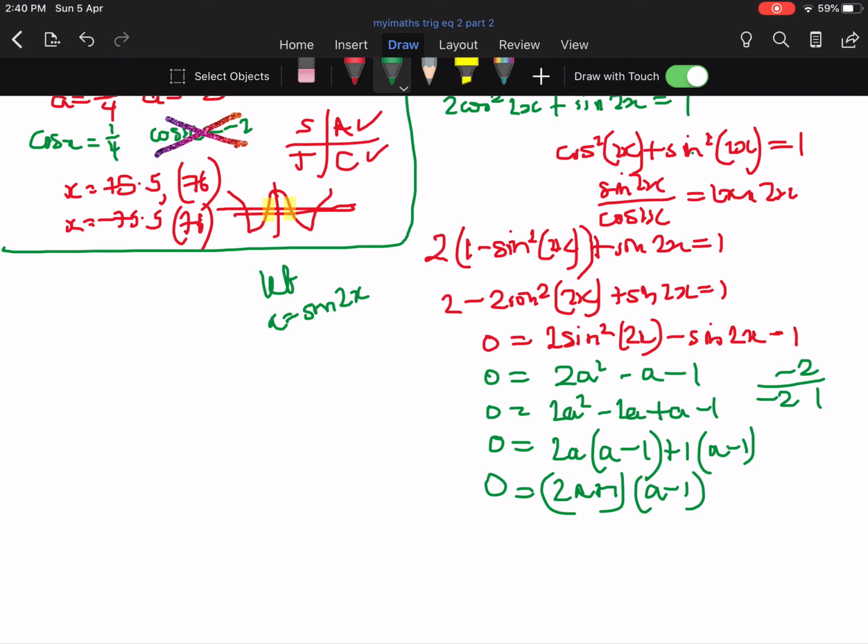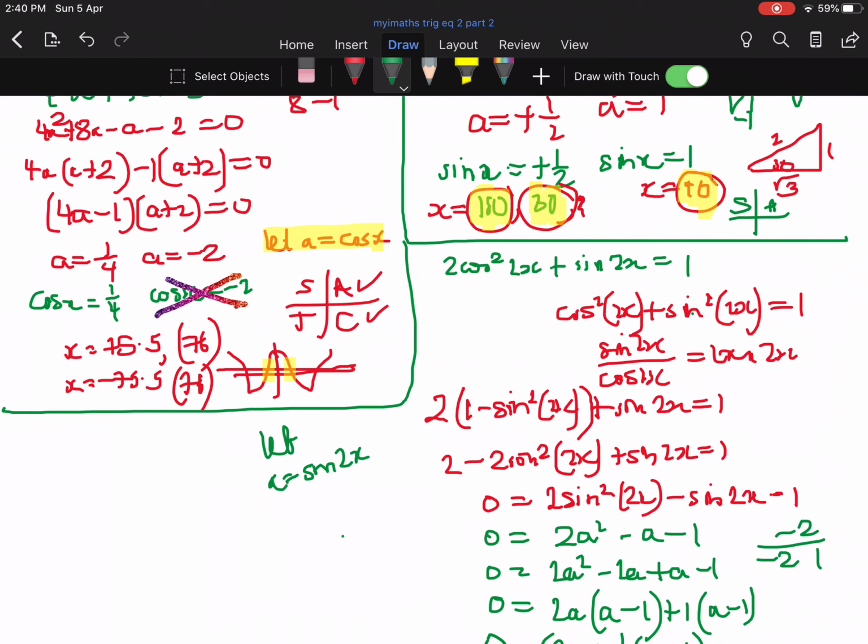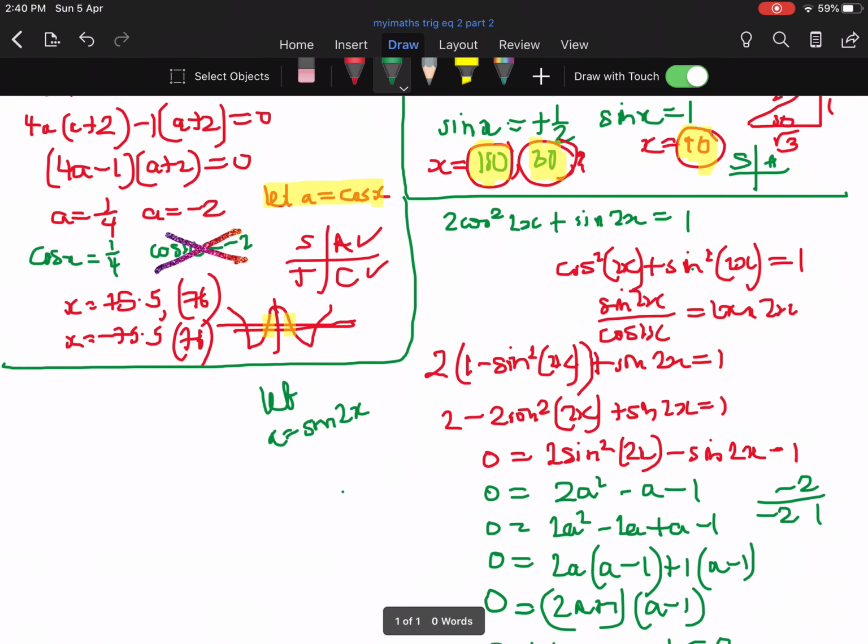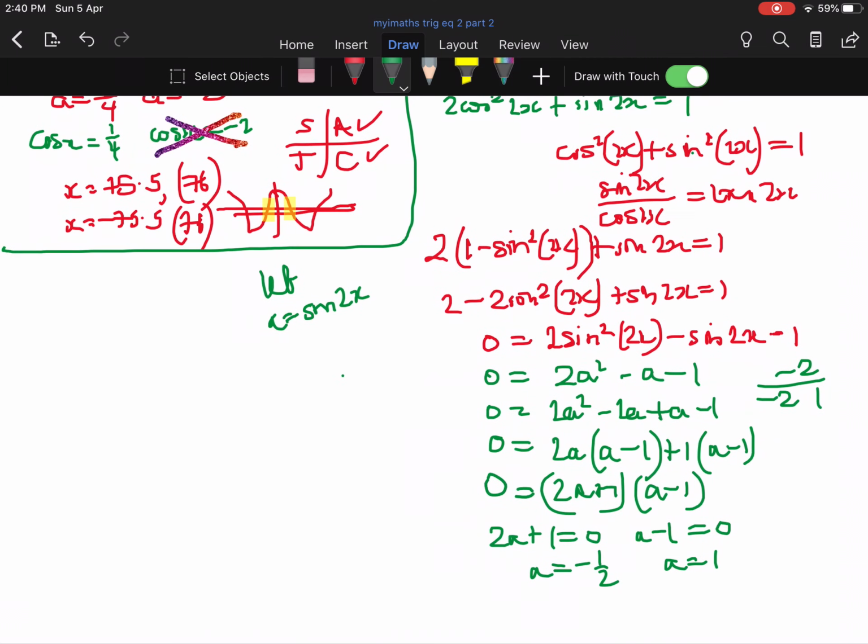So I've now got 2a plus 1 equals 0 and a minus 1 equals 0, so a equals negative a half and a equals 1. So it's actually similar to what I had up here with plus a half and 1, but this is negative a half and 1.